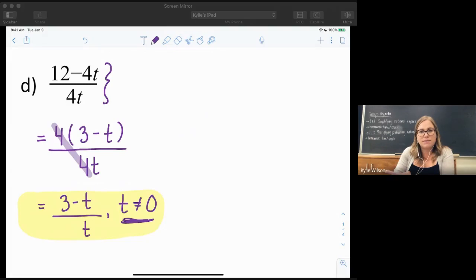Or in a real life application, there would be a value that just doesn't work for an area problem or a volume problem. It makes a huge difference because if I divide by 0, it's undefined. So it's really important that we write all of those down.